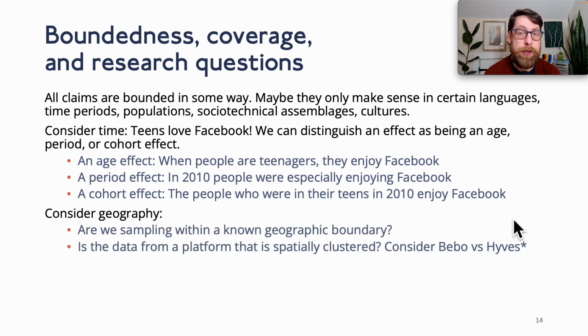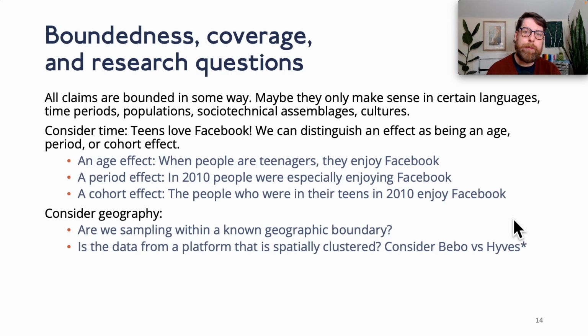Another one, for example, is geography. Are we sampling from a known geographic boundary? That's a little more obvious in survey research, where you would say in the UK. But if you're doing work online, pretty much any platform, Twitch, Discord, TikTok, they don't really abide by national boundaries, even if there are cultures correlated with nation states.